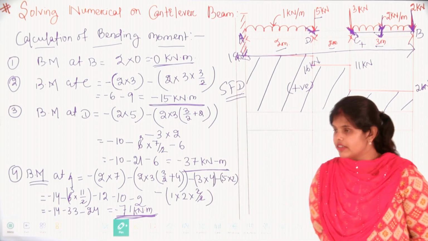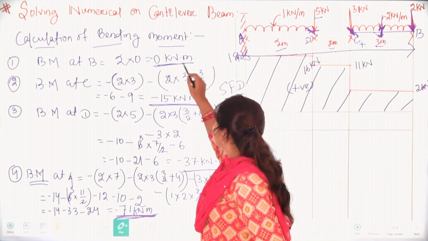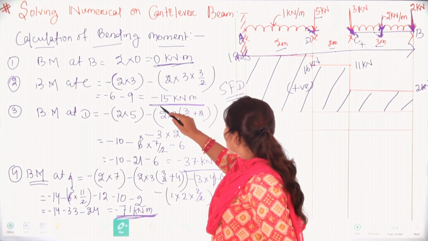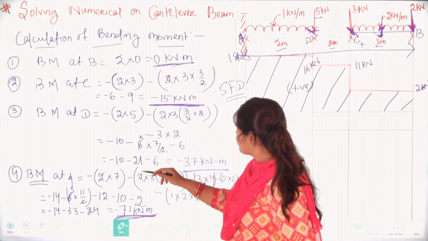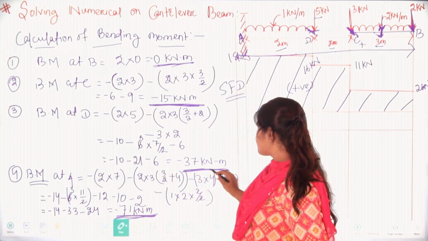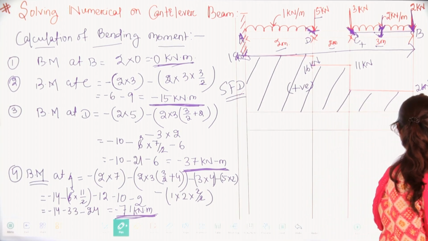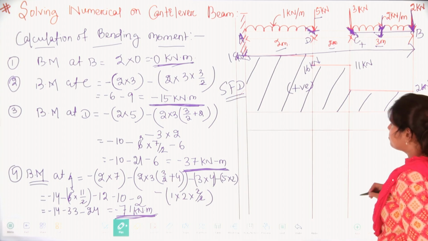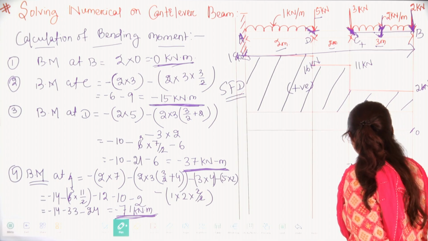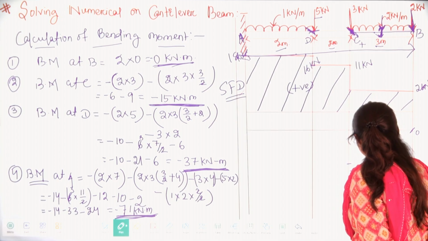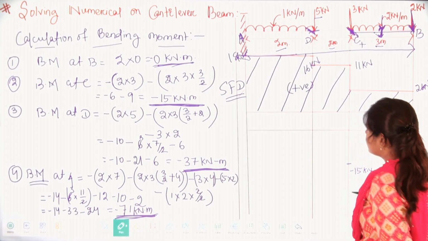One similar thing is here: after this 0 kilonewton meter, we have all the bending moments in negative sign. So let's draw it: at point B it will be 0. Again, that is minus 15 kilonewton meter.